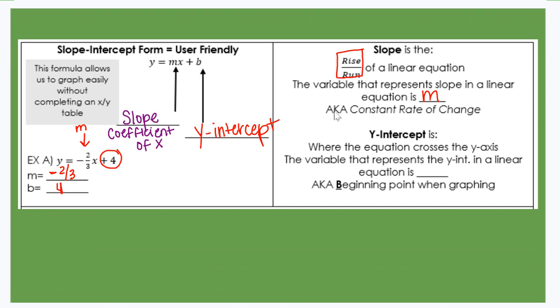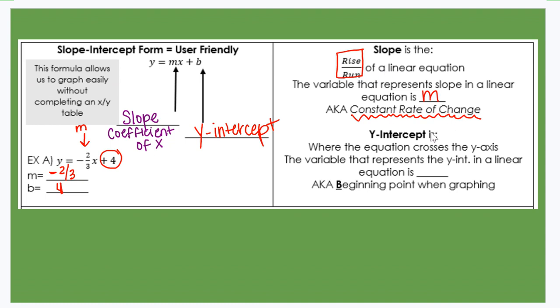And then also, slope is also known as the constant rate of change. So anytime that we are talking about a constant rate of change, that's the slope. Anytime we say rise over run, that's the slope. The coefficient of x, that's the slope. So we have lots of different words that we use when we're talking about slope.